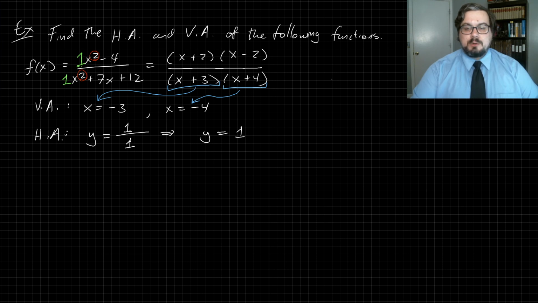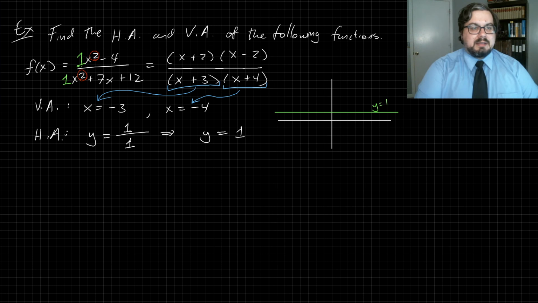If we were to graph this out, there's more that we could do with it, but for the moment we're going to leave it here. We know that we've got a horizontal asymptote at y equals 1, and we have vertical asymptotes at -3 and at -4.